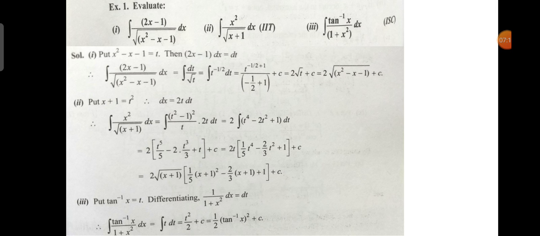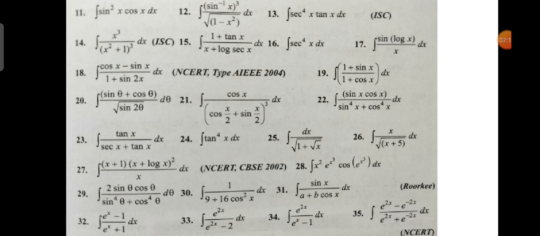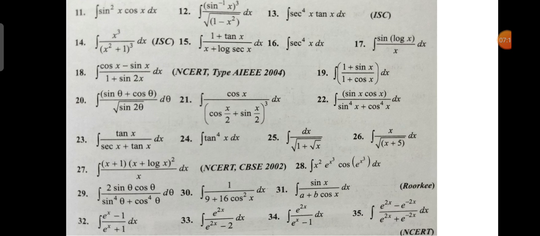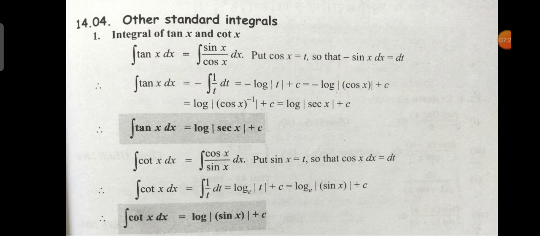The second question is the same and the third question is also the same. And some exercise questions are there. All of them use the substitution method. Now some standard integrals.